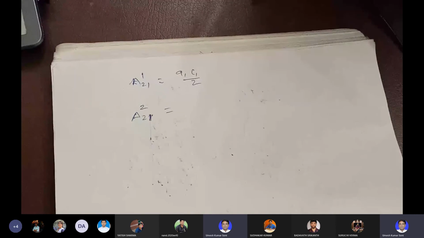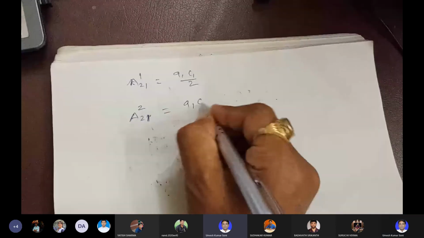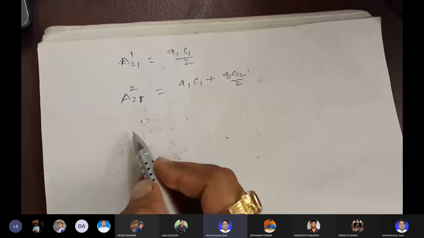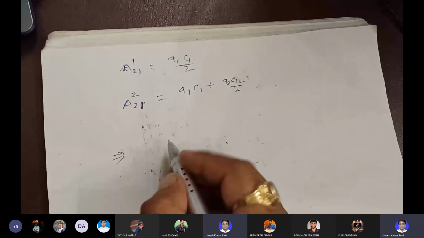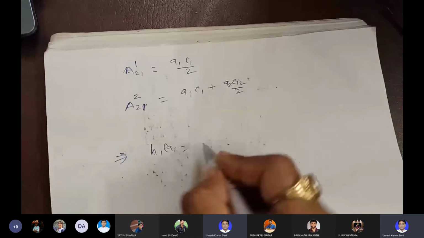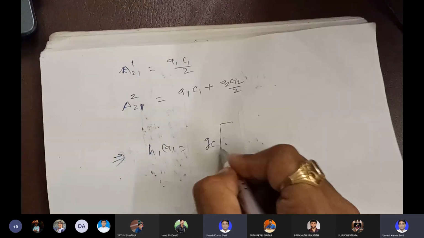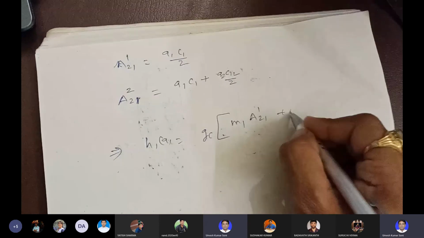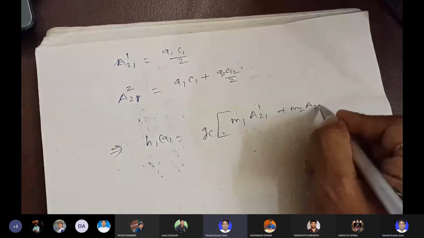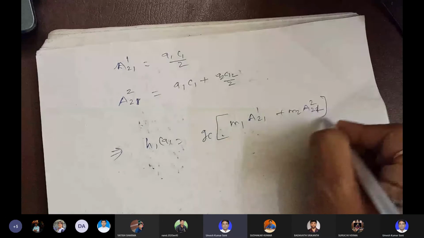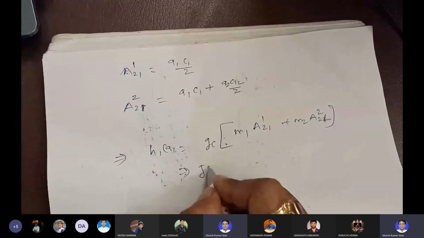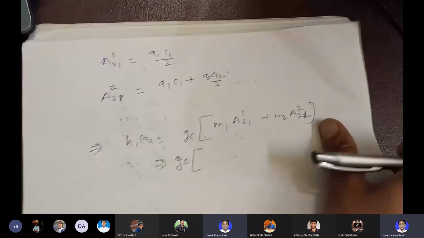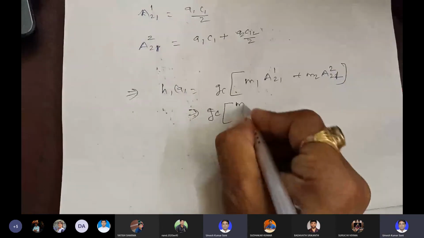Clear? Now what was the equation? H1Q equal to GC into M1 A211 plus M2 A212, equal to, now you write here M1 A1 C1 by 2 plus M2 A1 C1 plus A2 C12 by 2.